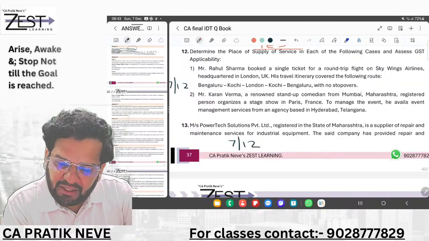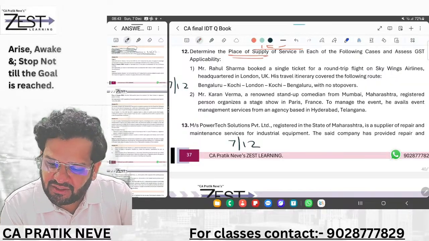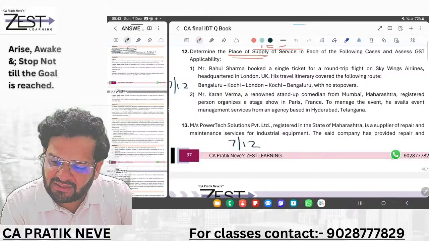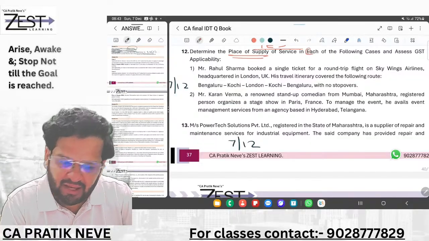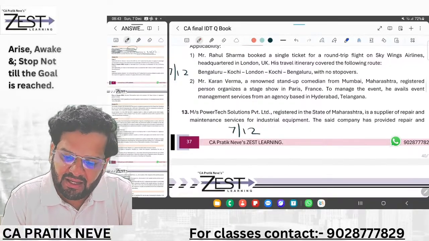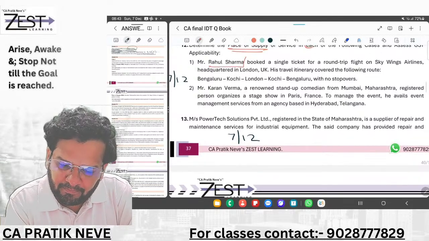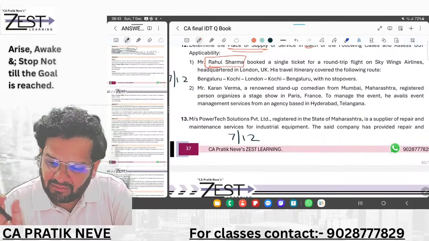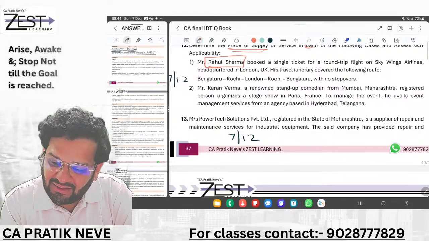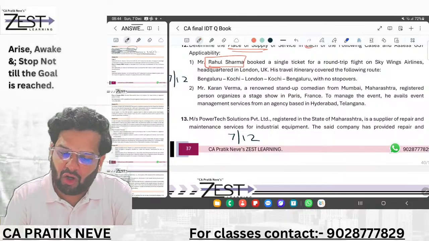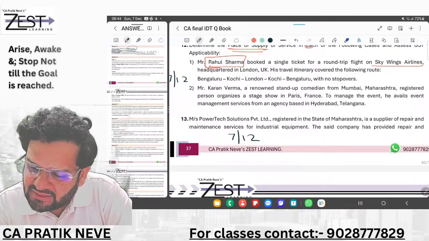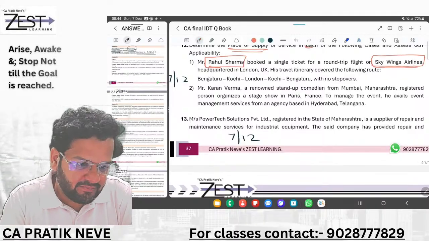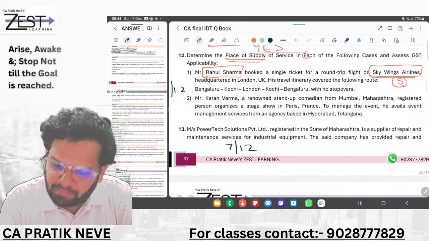Determine place of supply of service in each of the following cases and assess GST applicability. Rahul Sharma booked a single ticket for round trip flight on Skywings Airlines. So friends, Skywings Airlines is supplier.